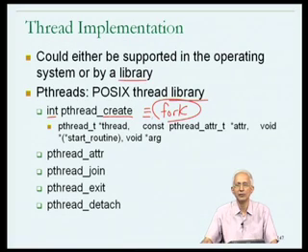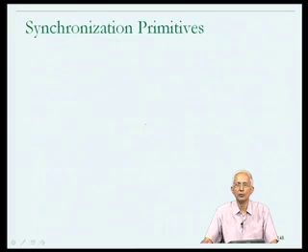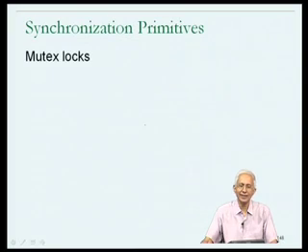Threads may have to synchronize with each other, and therefore locks and semaphores may be important for concurrent programming using threads. So we would hope to see several functions available in a thread library for operations relating to locks and semaphores, and that is in fact the case.